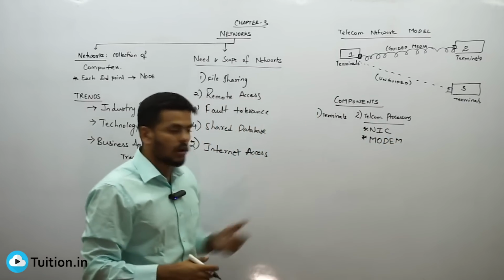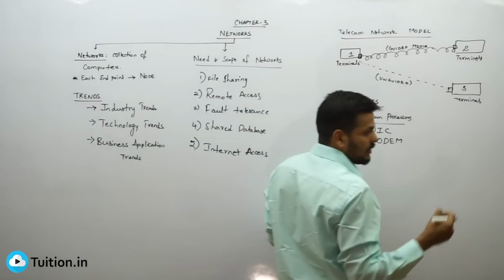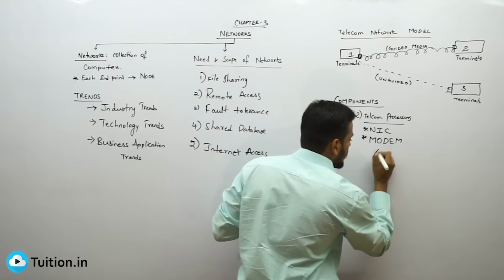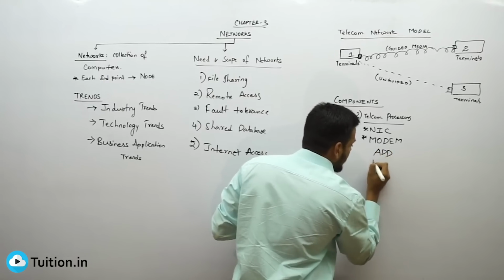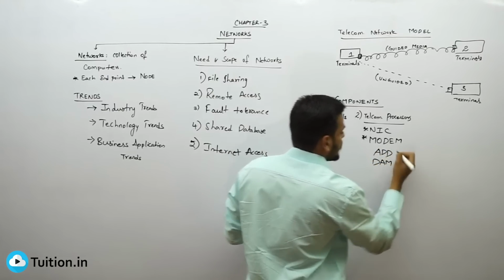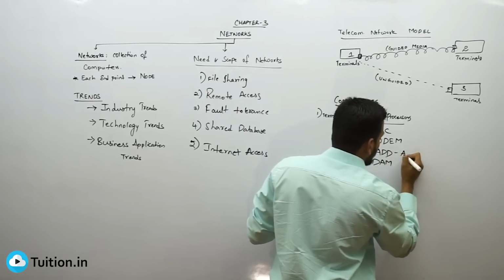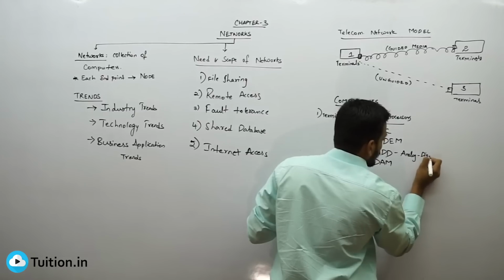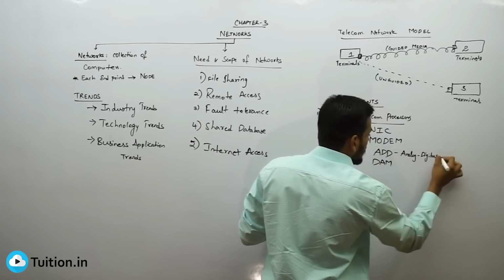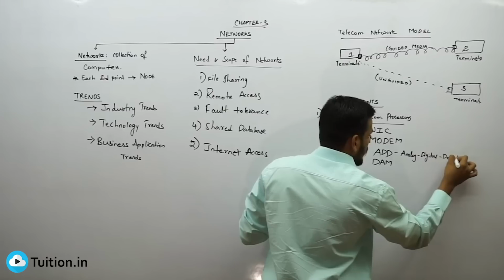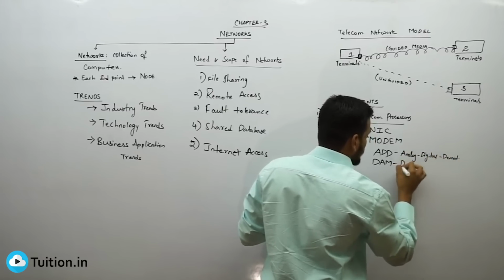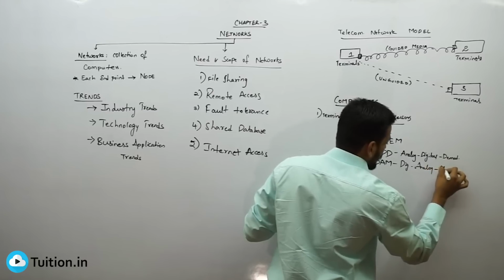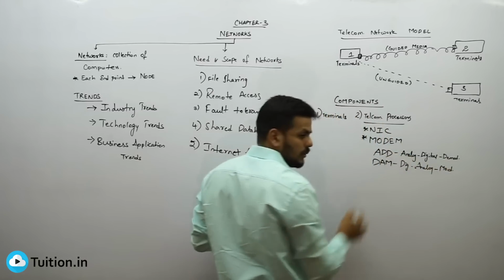It is called modem. Right, guys, let me give you 2 simple techniques to remember what a modem does. I want you to remember 2 keywords: ADD and DAM. ADD is analog to digital, which is called demodulation. DAM is digital to analog, which is called modulation. So 2 keywords to remember there.